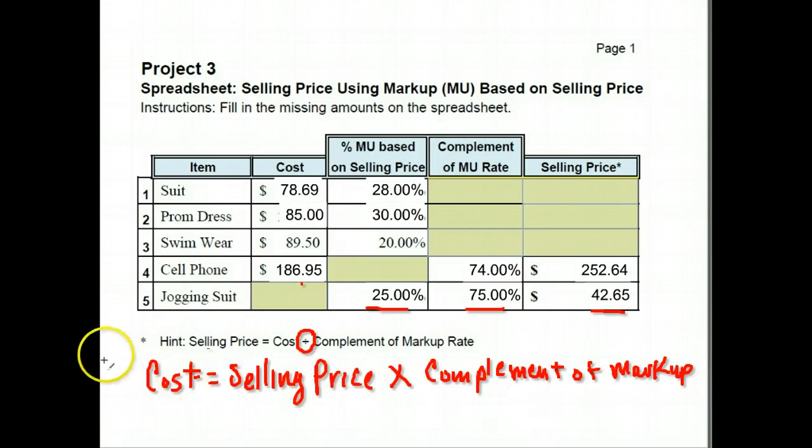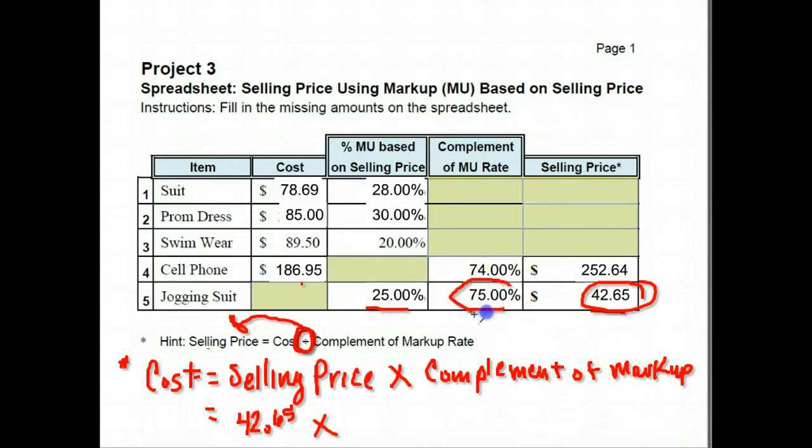Okay, so this is the formula you'll use for that last line. We're finding the cost instead, and so it's just like solving an equation. Instead of dividing, you do the opposite and multiply to move it over there so that you have cost by itself. So we take the selling price, which they told us down here was $42.65, multiply by the complement of our markup rate. Here's the complement of our markup rate.